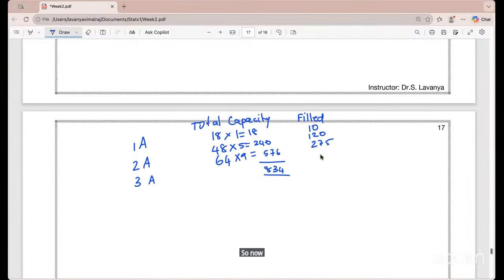So now it should be 10 plus 120 plus 275, which is 405. 405 is filled. So 405 by 834 should give you the answer, right?